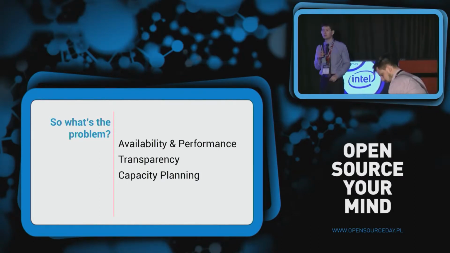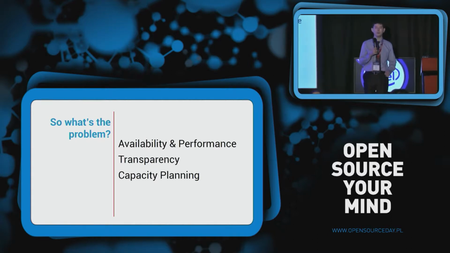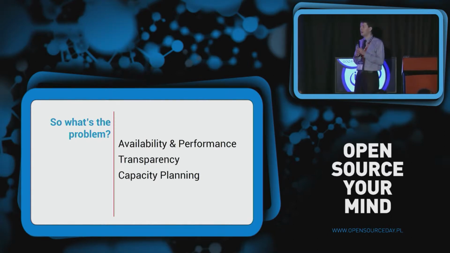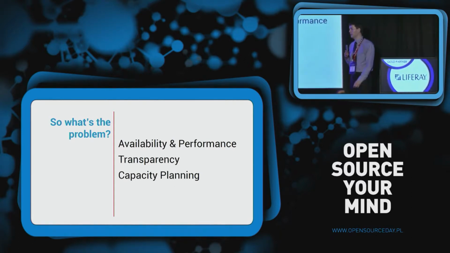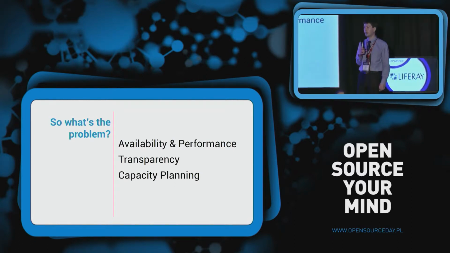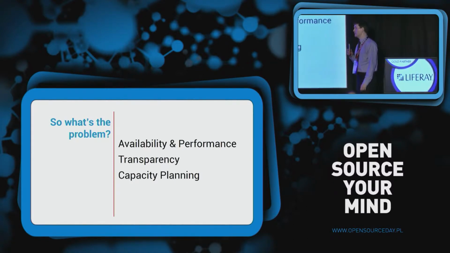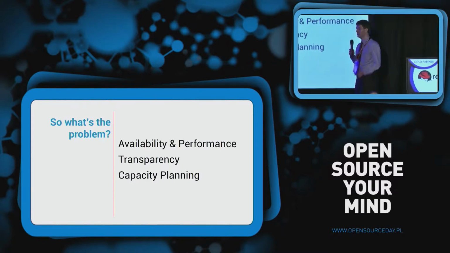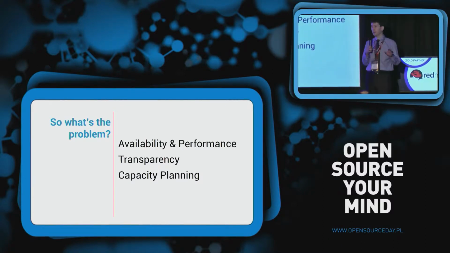So let's try to define what kind of problems we may face with our IT infrastructures. First of all, it's really important to maintain a high level of availability and performance of our IT services. Nowadays, almost all companies, even non-IT companies, still rely on IT infrastructure in one way or another.